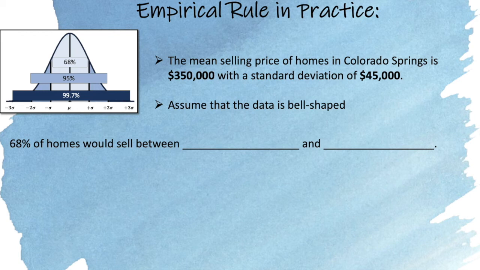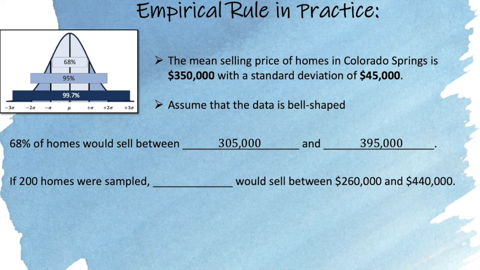You know that 68%, if you take the mean and subtract a standard deviation, and you take the mean and add a standard deviation, you'll get 68% of the data. So we'll take $350,000 minus $45,000, $350,000 plus $45,000, and we know that 68% of the homes are going to sell between $305,000 and $395,000. Works out really neat.